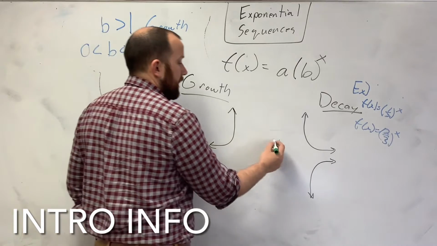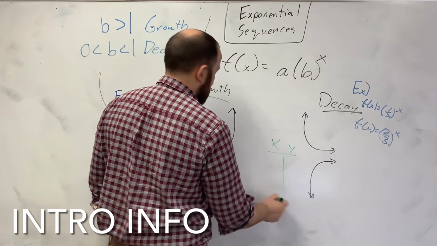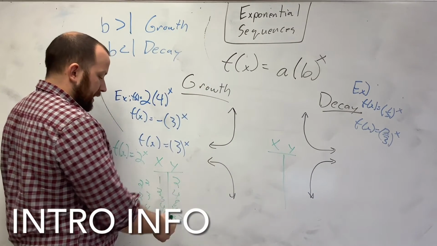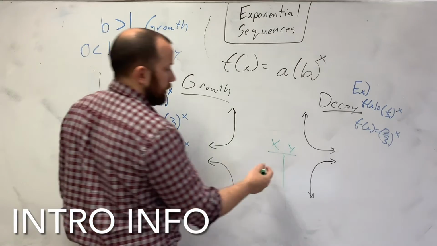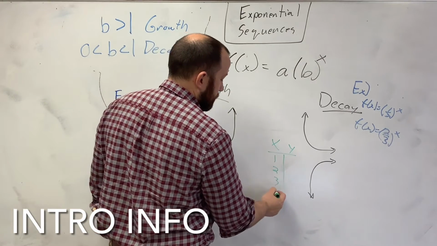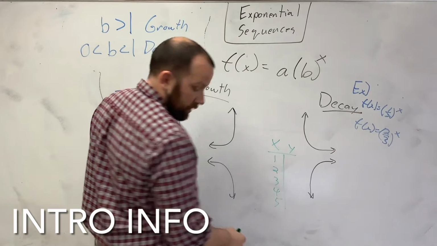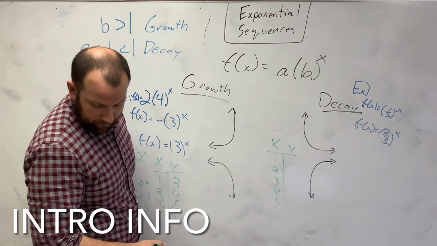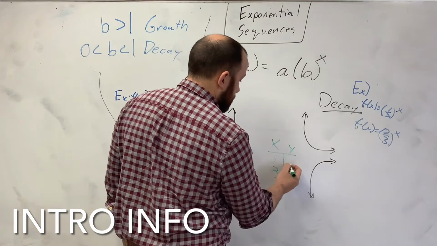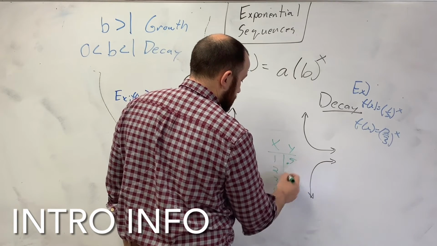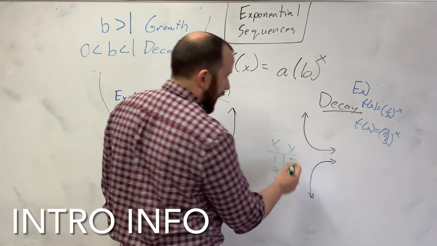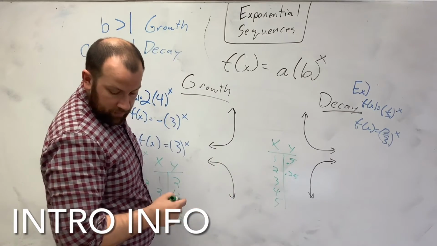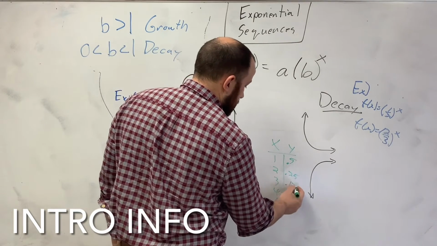If it's a decay, notice the numbers keep going up, 2, 4, 8, 16, 32, they keep going up. If I do the same thing here, I'm just going to put in the decimals. I believe this is 1/2 raised to the x, if I'm not mistaken.